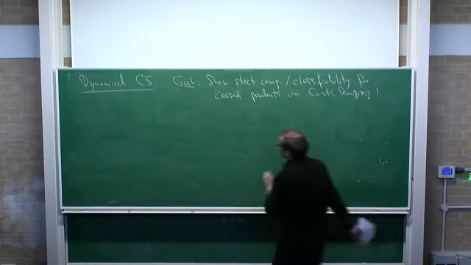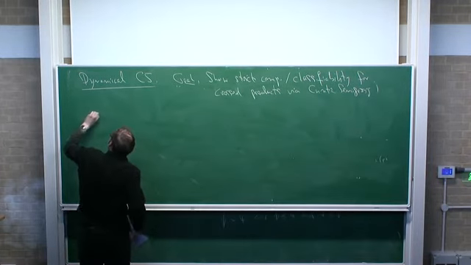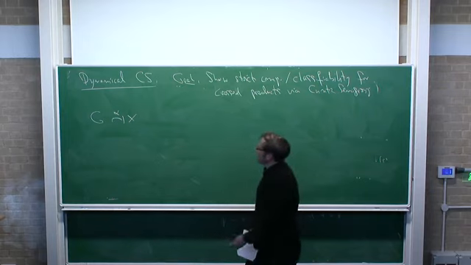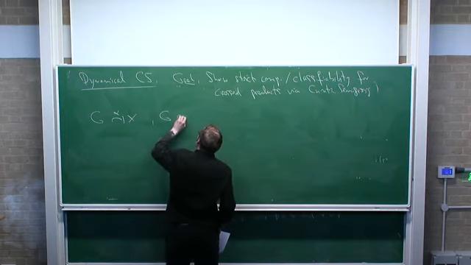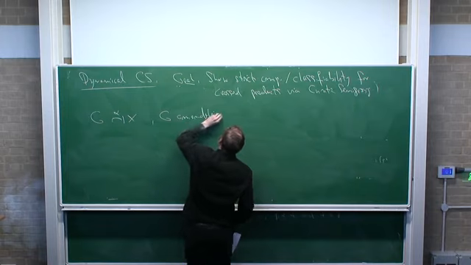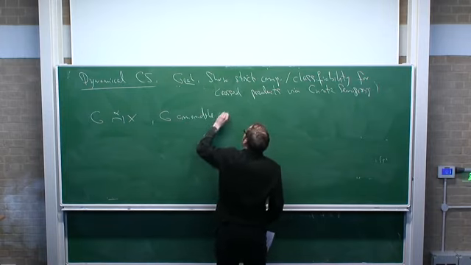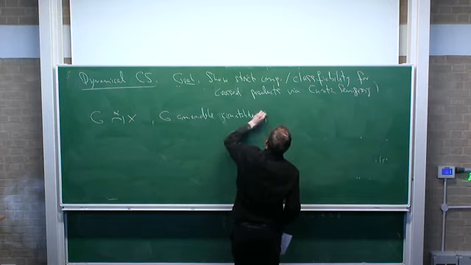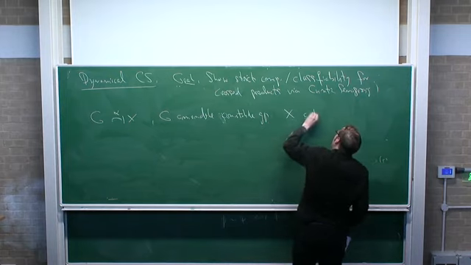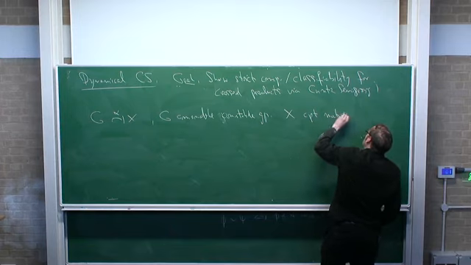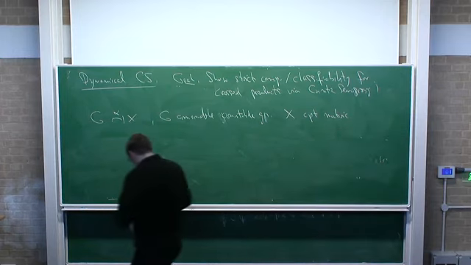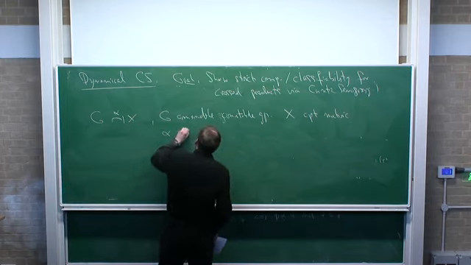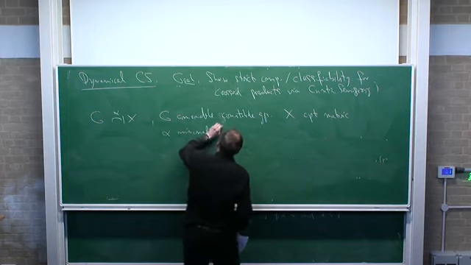Okay, and so the setting is the following. Suppose we have G acting on a compact metric space, where G is an amenable, countable group and X is a compact metric space. The action alpha here is a minimal, free action.